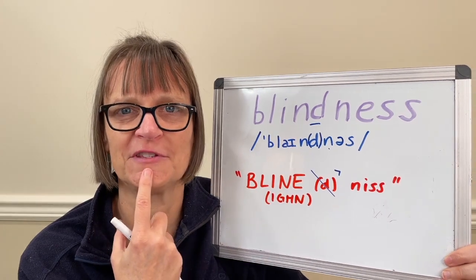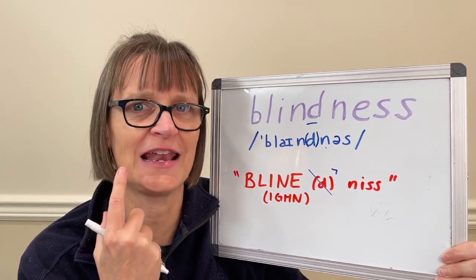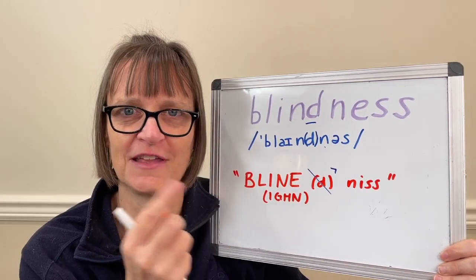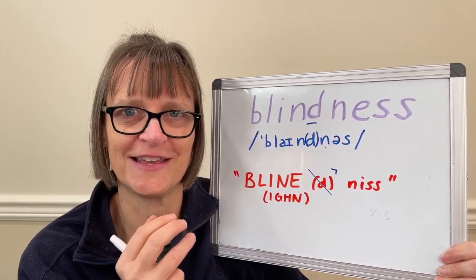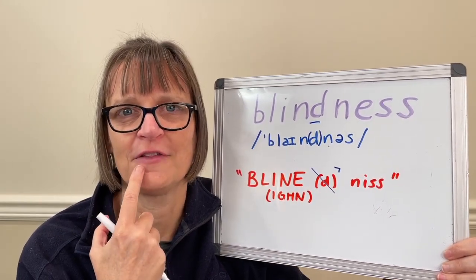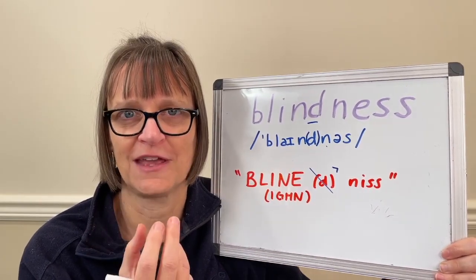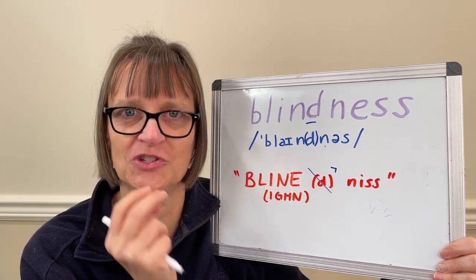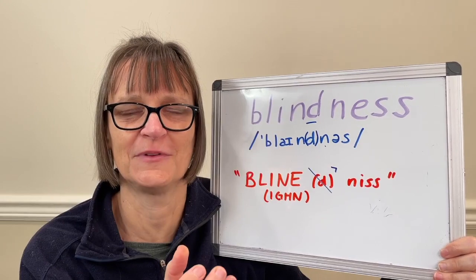If you feel the position for the tongue when you're saying an N sound, you're sealing off, your tongue is behind your teeth, and all of the air is sealed. It's a nasal sound, so the air releases through the nose. And then for the D, if it gets released, the tongue is also in the same position, but it's not sealed. It's just building up a little bit of pressure and then releasing.